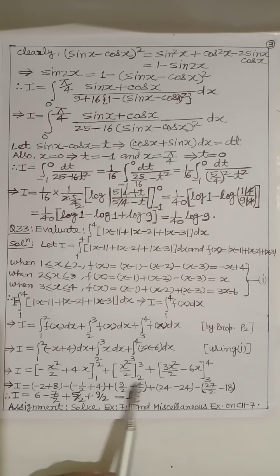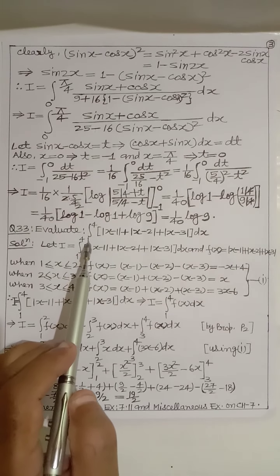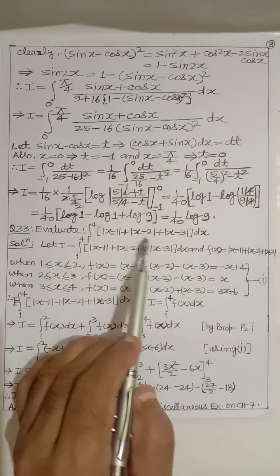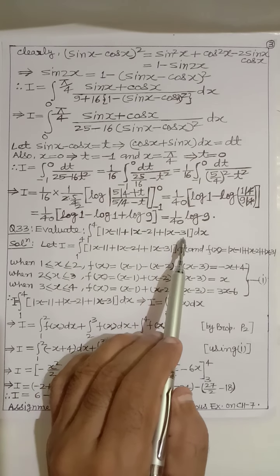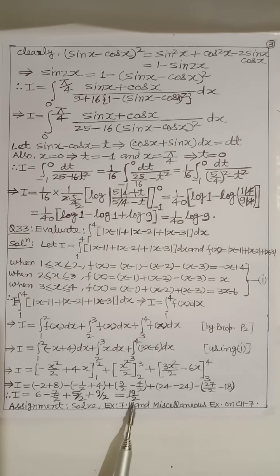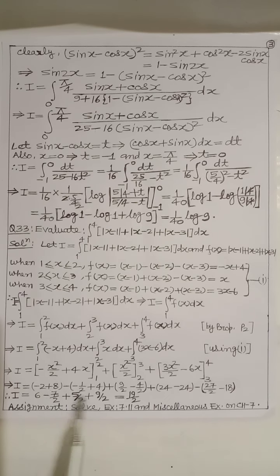Solving this, we finally get the given integration, that is the integration from 1 to 4 of mod of x minus 1 plus mod of x minus 2 plus mod of x minus 3 dx, equal to 19 by 2. Here you can understand easily, that is no problem.